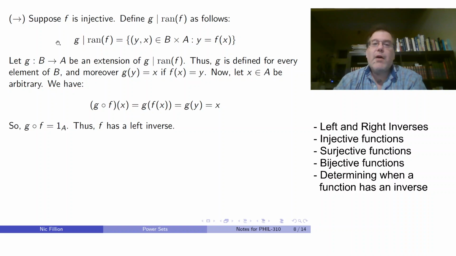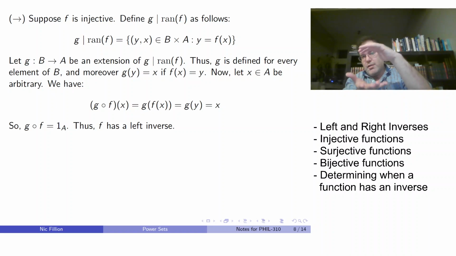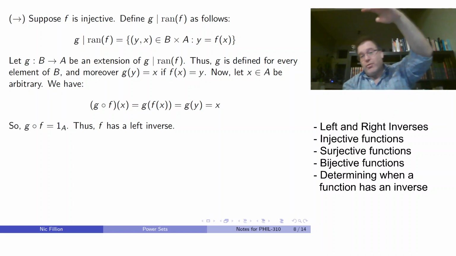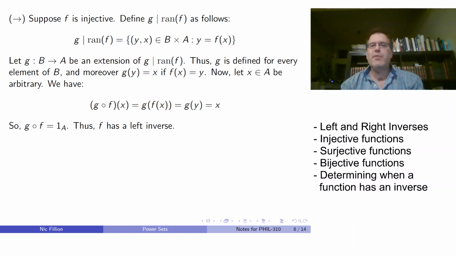Now, as we saw when we talked about the restriction of a function, we start with a function restricted to a subset, and we might want now to extend it by adding a bunch of ordered pairs so that it's defined over a larger domain. So that's exactly what we're going to do.